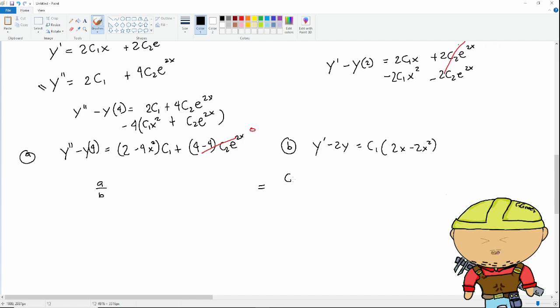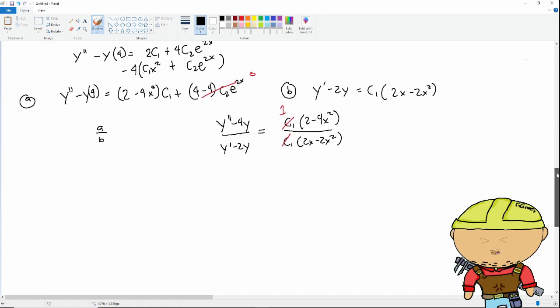So A over B will result with c1 times 2 minus 4x squared, that's the c1 of A, while the c1 of B is c1 multiplied by 2x minus 2x squared. Then the left hand side of A is y prime minus 4y, and the left side of B is y prime minus 2y. We can now divide c1 by c1, which will become 1, and thus we eliminate c1.